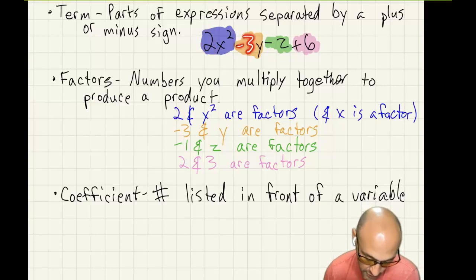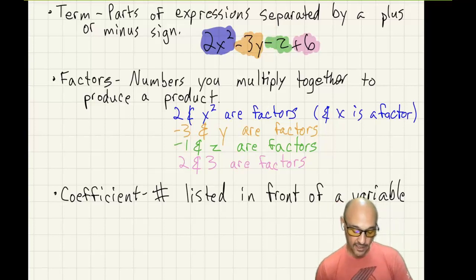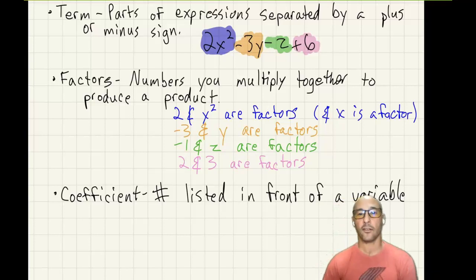Negative 3 is the coefficient, it was also a factor. Negative 1 is the coefficient, and it's a factor. In this case, 6 is a constant, and 2 and 3 are factors. So we don't call 6 a coefficient, we call it a constant.